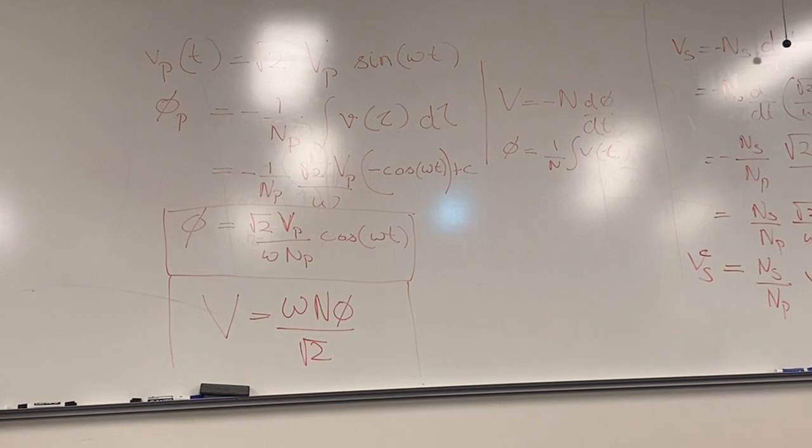And this, by definition, is called a turns ratio. In high school, I learned it as N, but once I entered the industry, I've started seeing A, and all textbooks go by A. This is called a turns ratio.